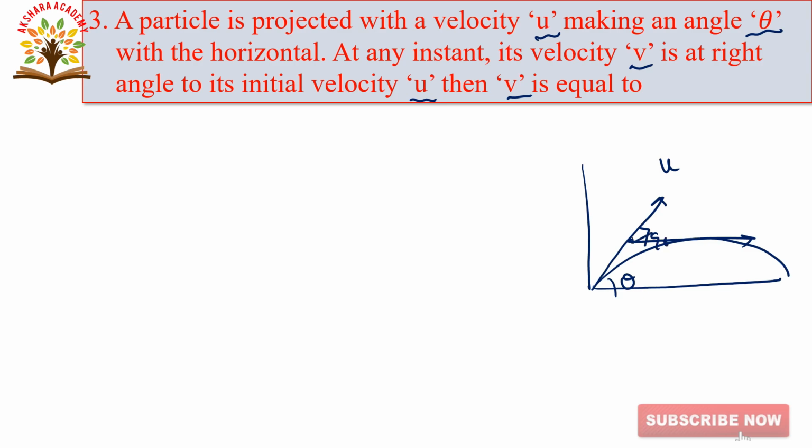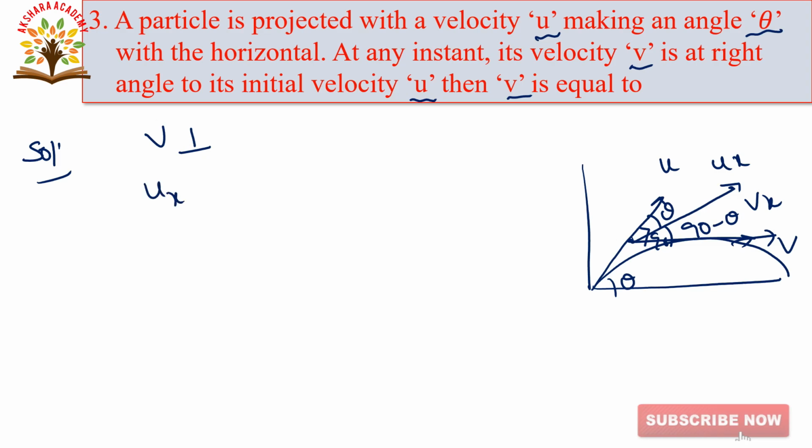Here again we resolve. Here this is the angle theta and this is 90 minus theta, with ux and vx. Then we write v, from this question, v is perpendicular to u.